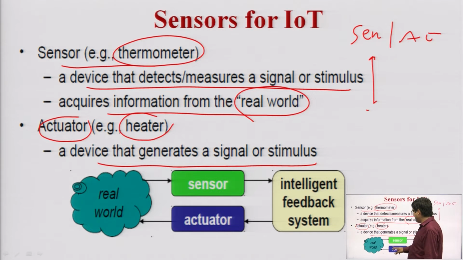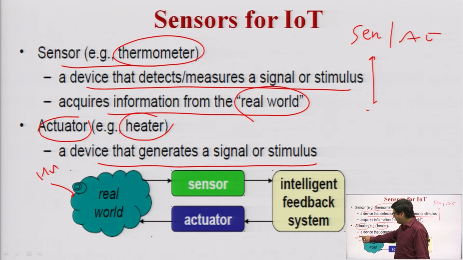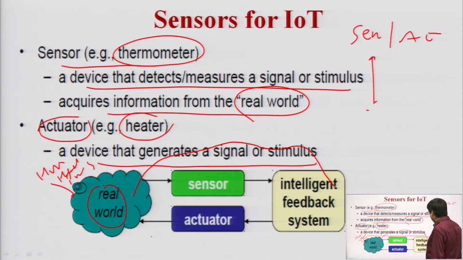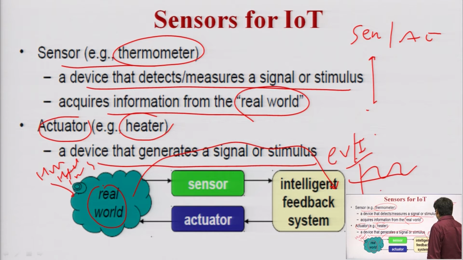So, here you can say that sensors take the data from the real world. The data here may be humidity, heat, pressure, etc., various types of chemical reactions in the environment. They take data from the real world and convert it into an electrical voltage and current, which may be continuous in nature or discrete in nature.